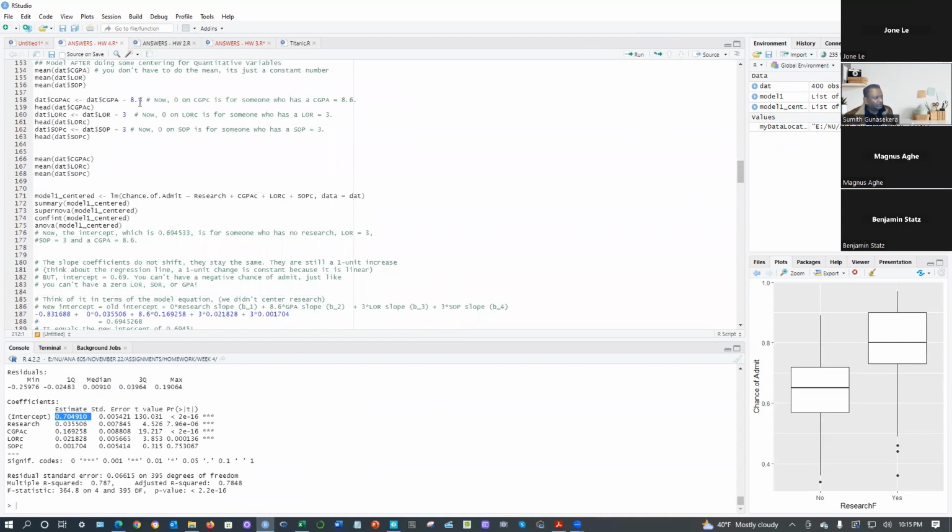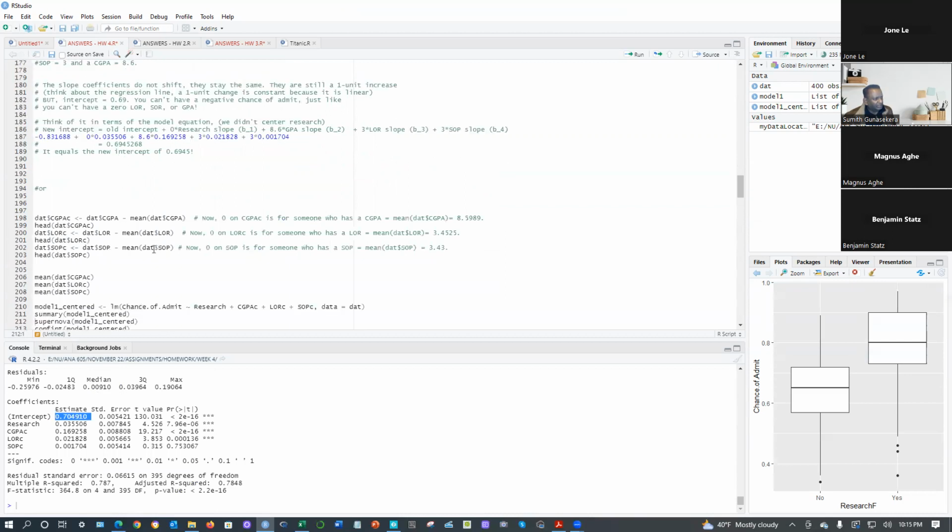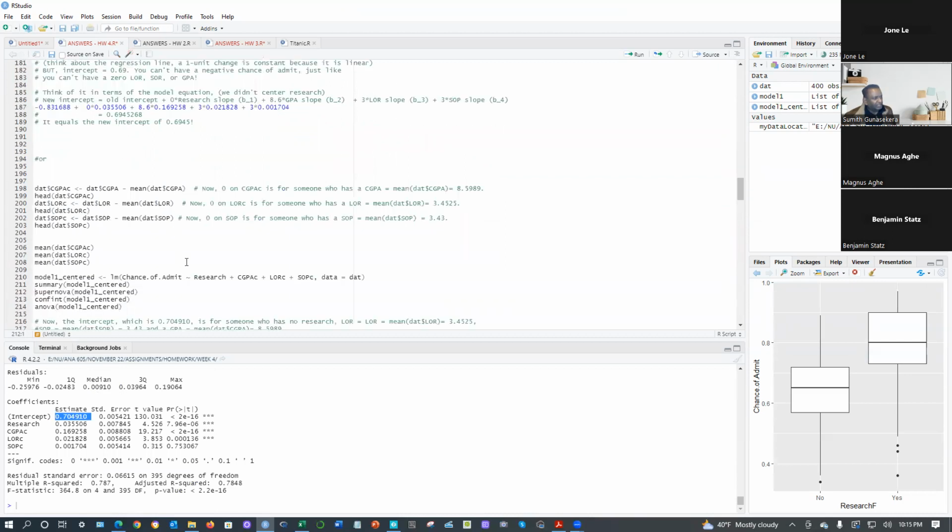So you just say, I don't like this way, I like this one, it makes more sense: centering. Rather than measuring everything from 0, instead of 0 you start measuring from the center. That's called centering. You're going to shift.